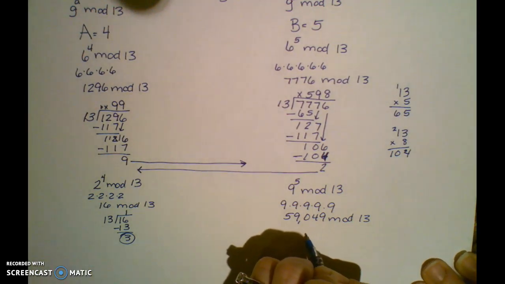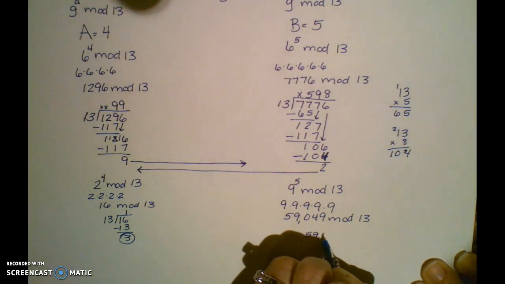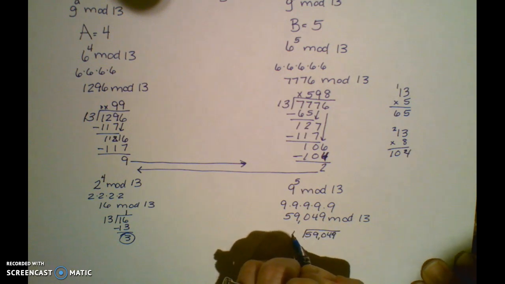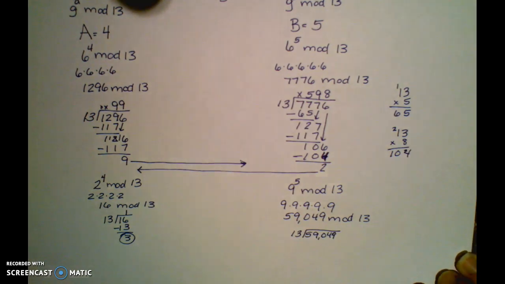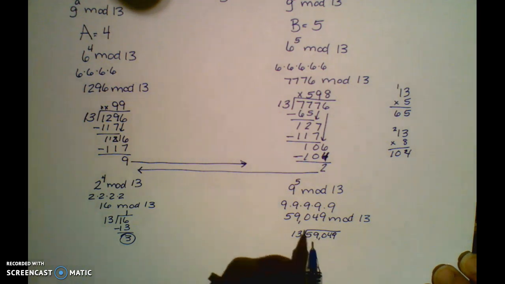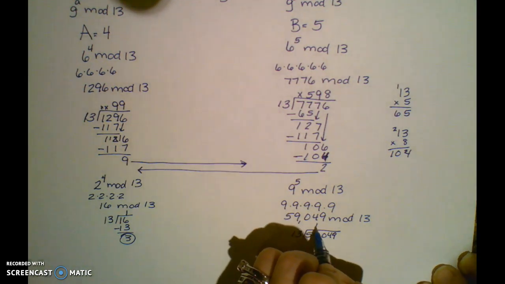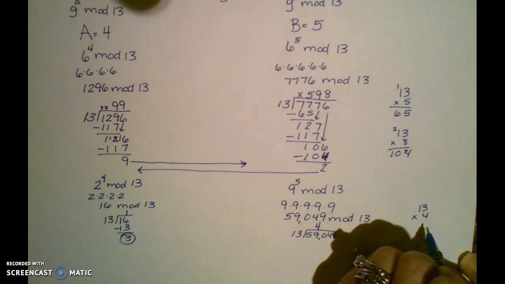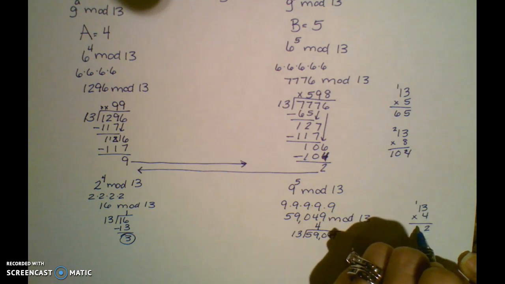Okay, I'm going to move this up a little bit so I've got some space. So here we go. 59,049 divided by 13. Okay, 13 goes into 59 4 times. 13 times 4, I'm going to work that out here.